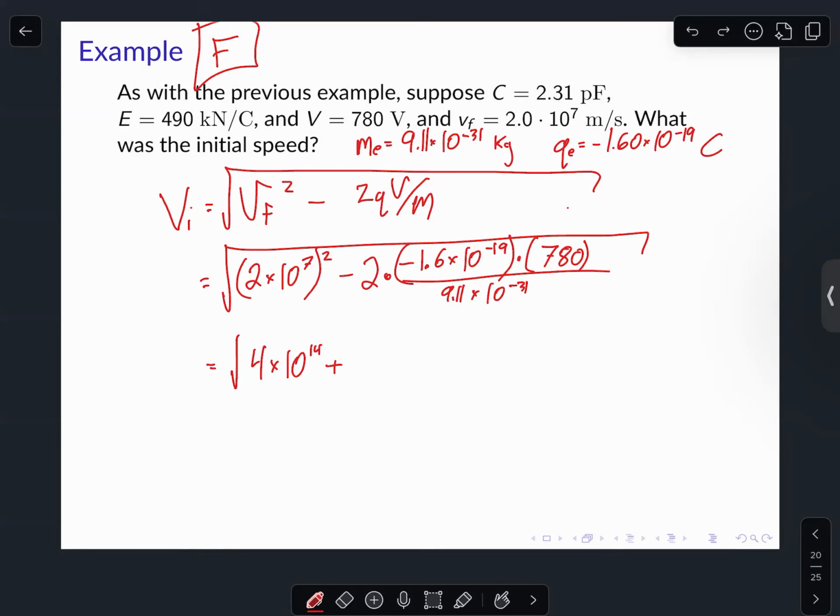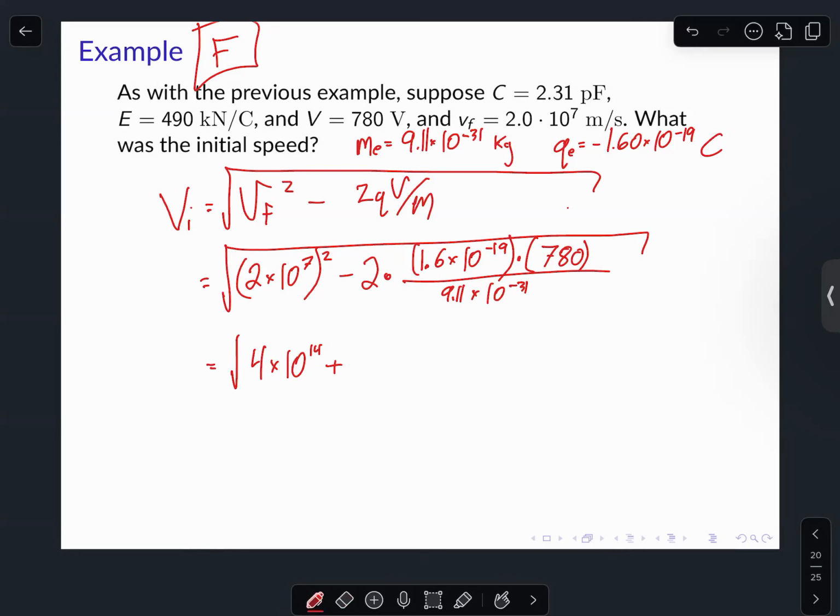If I'm starting with my initial energy as QV, that's an initial positive amount of energy that I lose going to the plate that it's attracted to. So I gave a misleading hint. We should not use a negative number there.